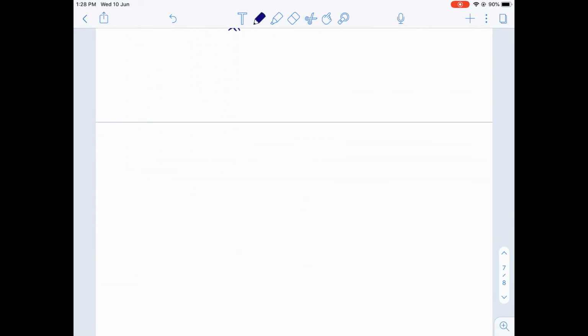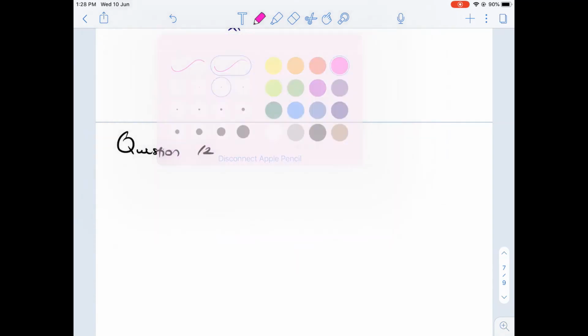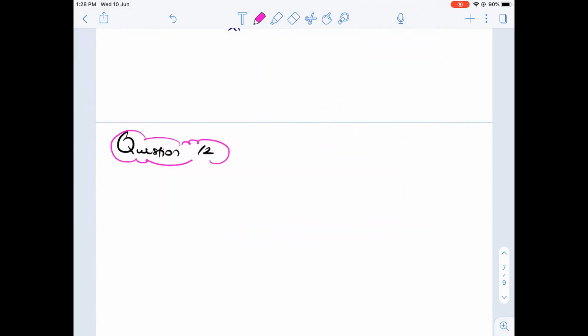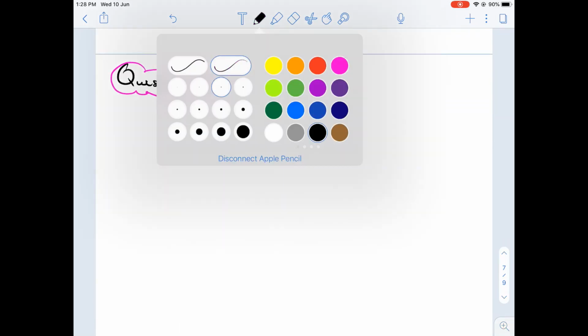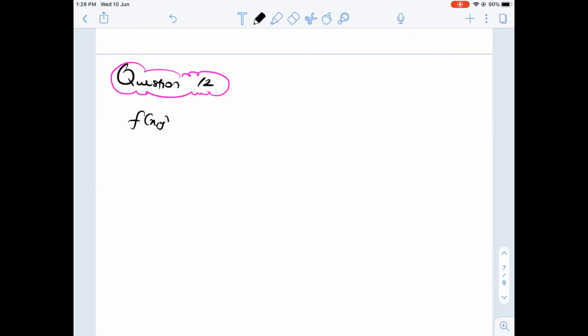Okay, last question. Question number 12. We have f(x,y) equals sine 2xy plus exponent 3x plus 4y. Okay, now let us find fx first. Fx, differentiate with respect to x, so y becomes a constant.